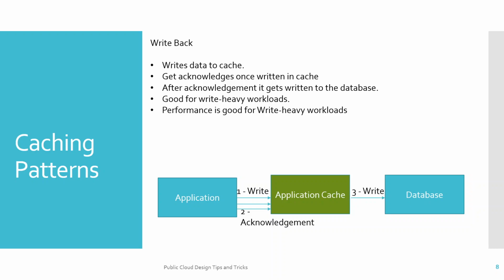So that is how it works. It gets acknowledged once written in the cache. After acknowledgement, it gets written to the database, and it is also good for write heavy workloads. So based on your design criteria, you can choose which pattern suits you.